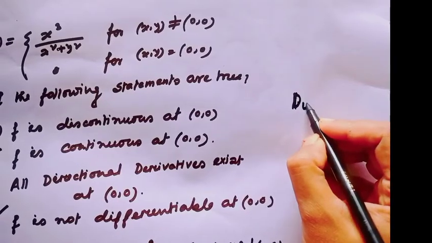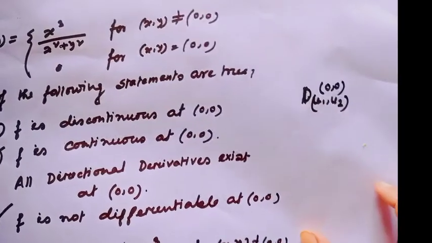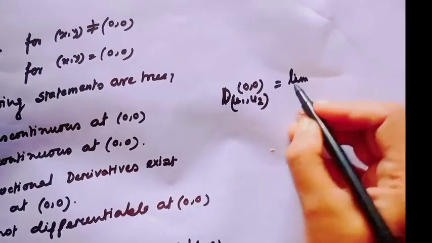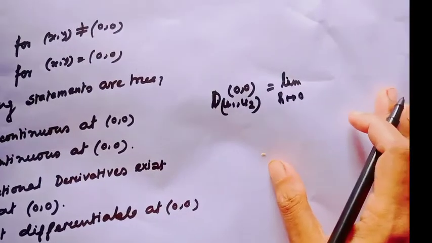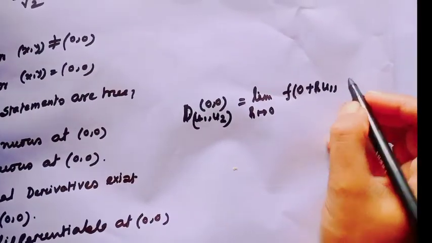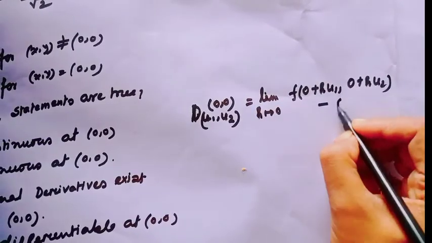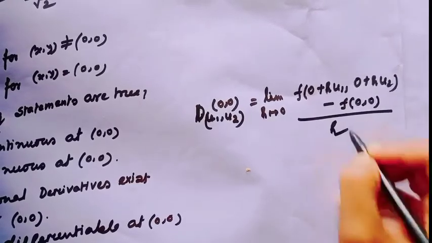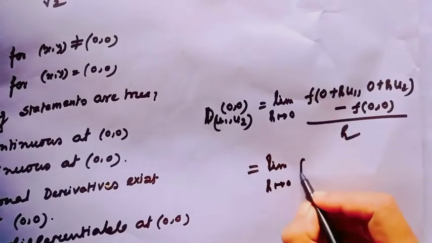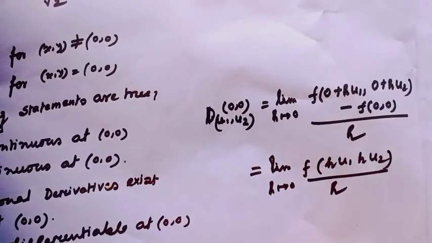The directional derivative in the direction (u1, u2) at the point (0, 0) equals the limit h tends to 0 of f(0 plus h u1, 0 plus h u2) minus f(0, 0) over h, which is equal to the limit h tends to 0 of f(h u1, h u2) over h.